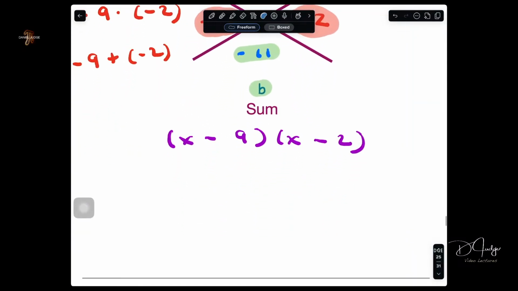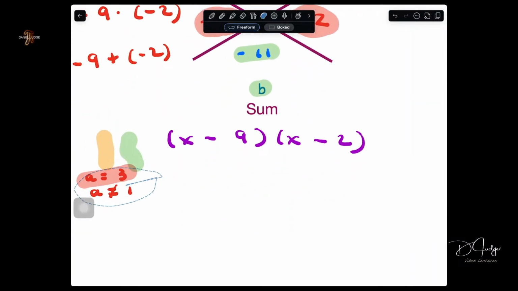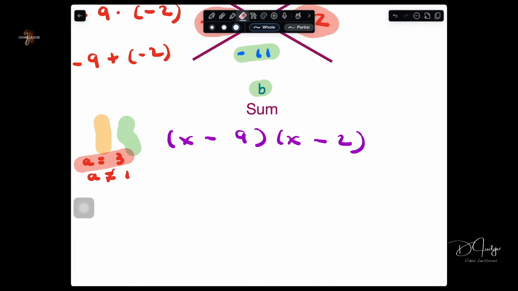So what we always do is divide, again, the numbers we found by the A value. And in this case, it's positive 3. Doing arithmetic right in here. We know 9 divided by 3 is a whole number. It's 3.